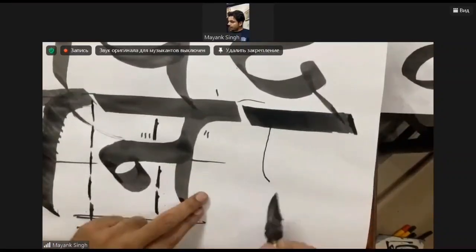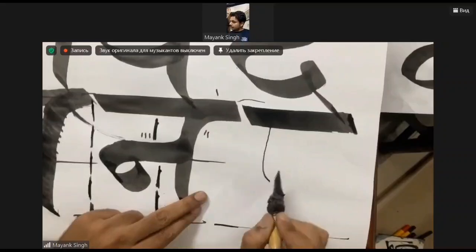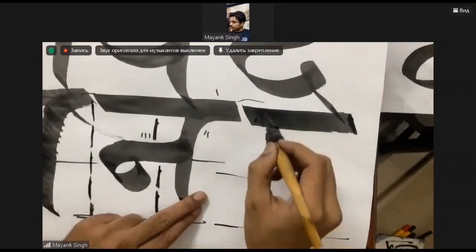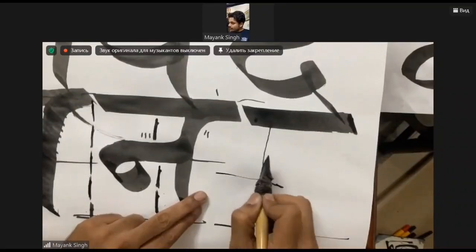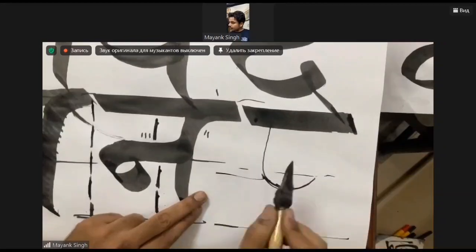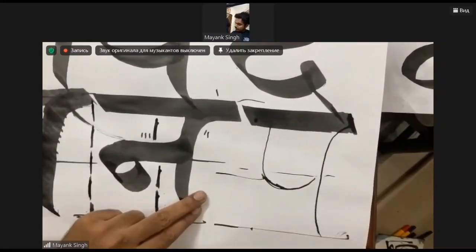It comes halfway. Imagine if this is how long the alphabet is, then this is almost half the distance. So you stretch it till the half line, and then from here make a curve, like a half semicircle. And then from here, a straight line.